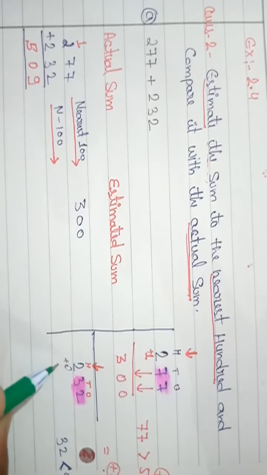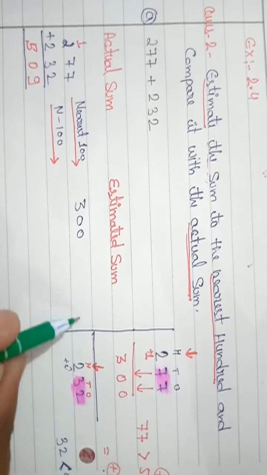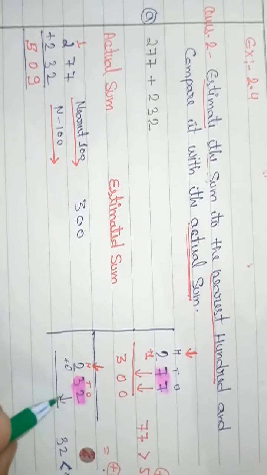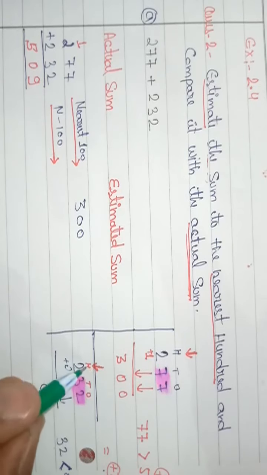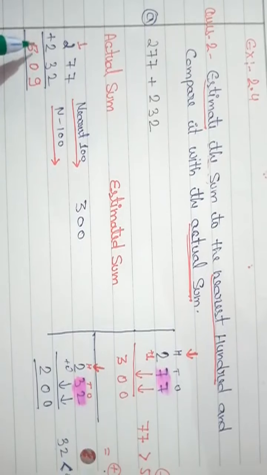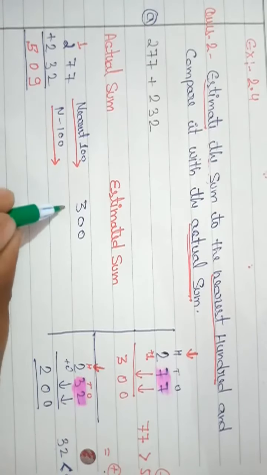There is no number on the left hand side, so nothing comes. The highlighted place will be 0, and target place 2 and 0 is 2. So the nearest 100 of 232 will be 200.